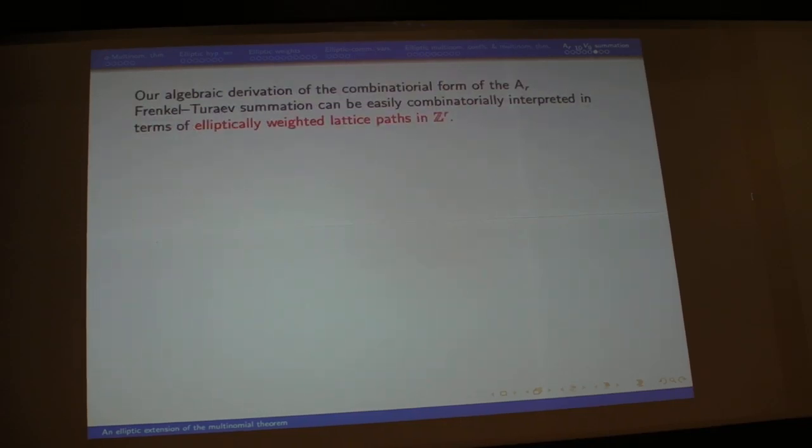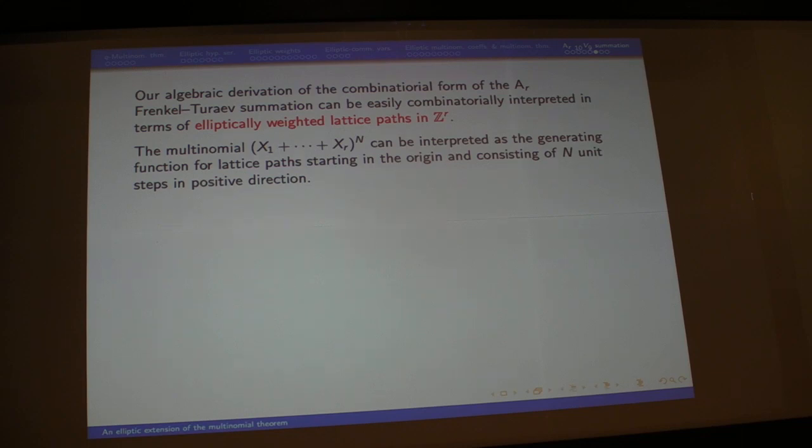Okay, just a few thoughts now. That this actually translates easily to a combinatorial interpretation in terms of elliptically weighted lattice paths in the lattice Z to the R, the integer lattice, R-dimensional lattice. And this multinomial coefficient can be just regarded that we take steps in positive direction along each coordinate.